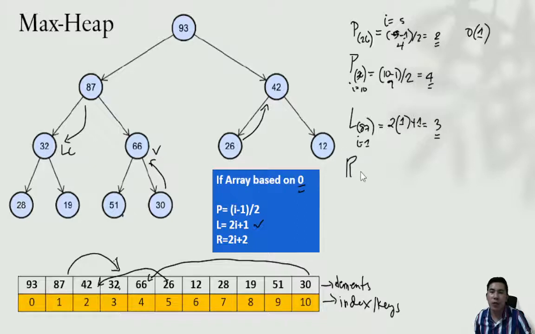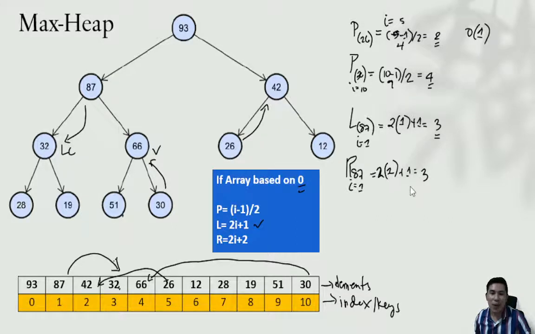If we are going to look for the value of the right child, let's say the right child of 87. The index of 87 is 1. Let's substitute the value: 2 times the index value of 87, which is 1, plus 1 is equal to 3.